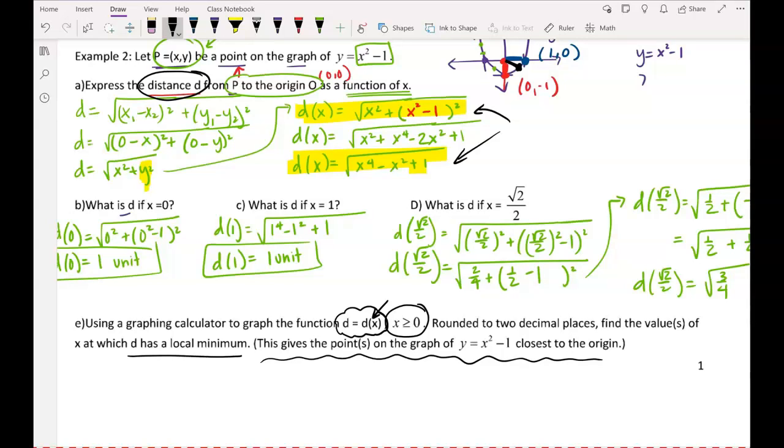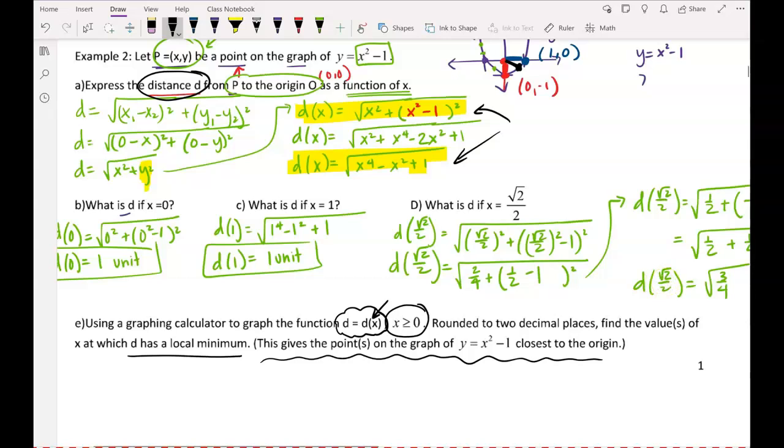Okay, so let's find our decimals. We are going to graph your d of x. Let me enter that in. Oh, sorry, I'm trying to flip my computer so I can type it.